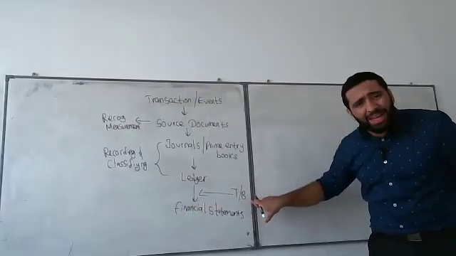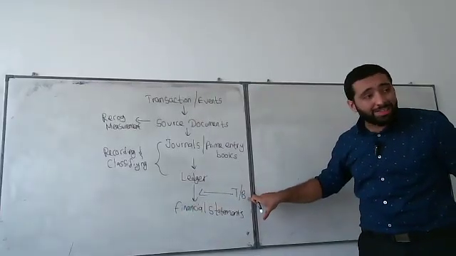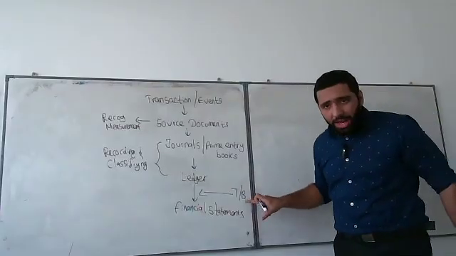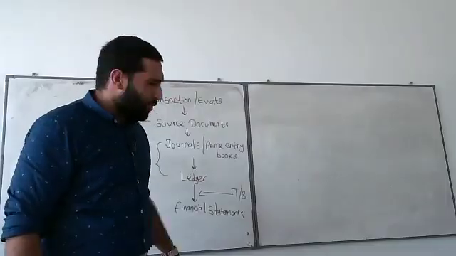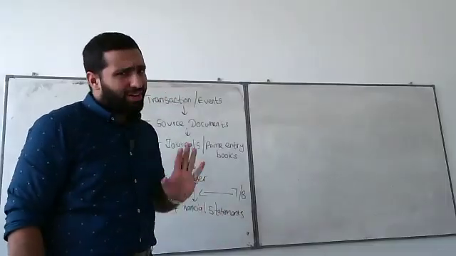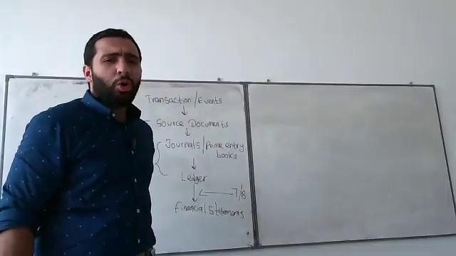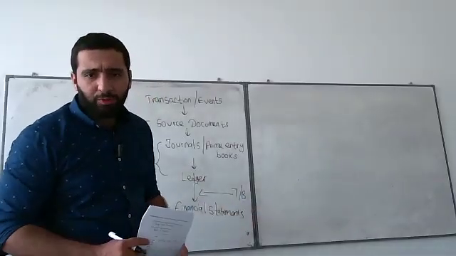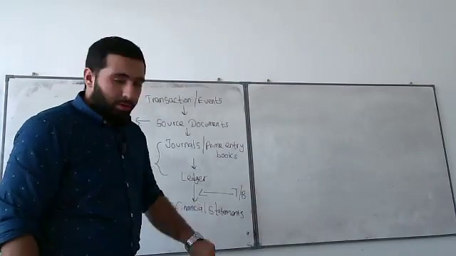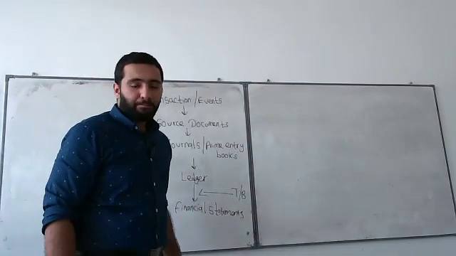Now, what is this TB? You know what TB is? Any online student who knows what TB is? We have done this in O levels. What is TB? Waiting for answers from online students.